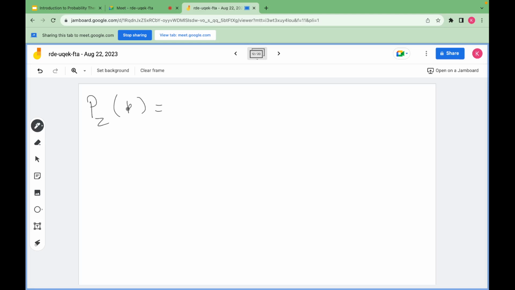So let's suppose it's a value k. This is nothing but, for all possible values of n, we will see what is the probability that X is equal to k, given that capital N is the nth arrival, the total number of emails.